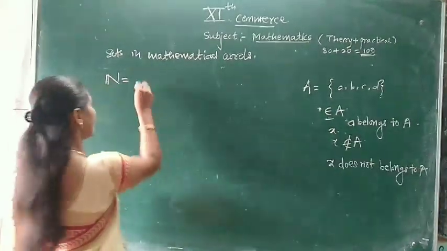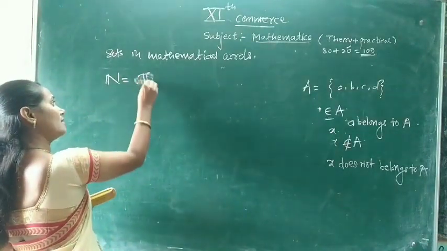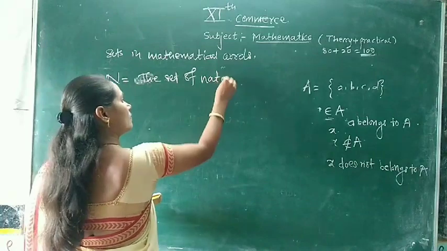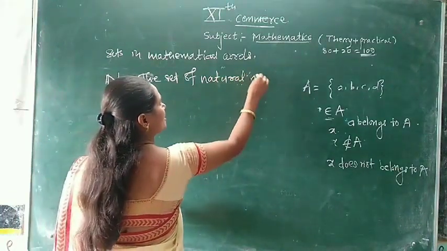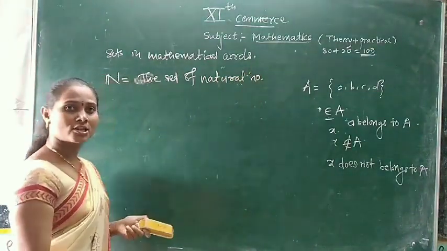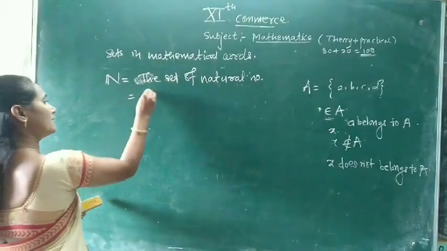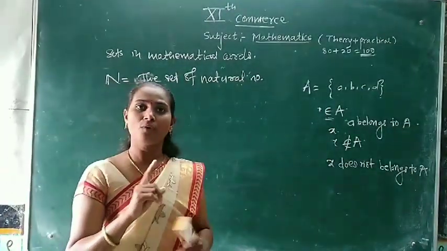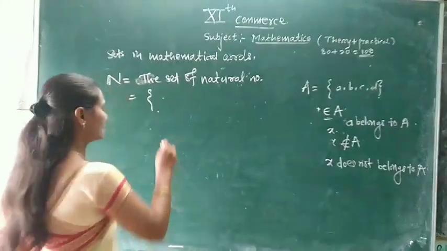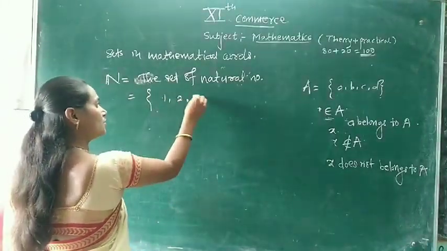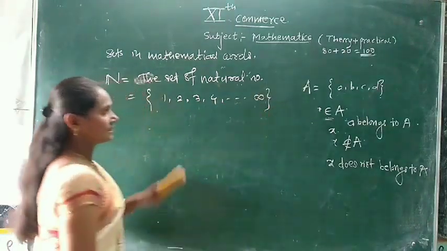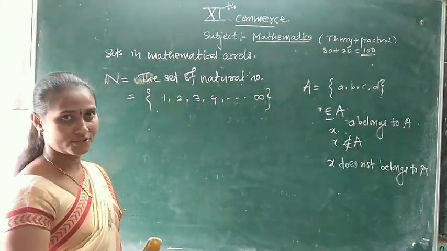So what is the set of natural numbers? N equals the set of natural numbers. Natural numbers start from 1 and go up to infinity: 1, 2, 3, 4, and so on. This is called the set of natural numbers.